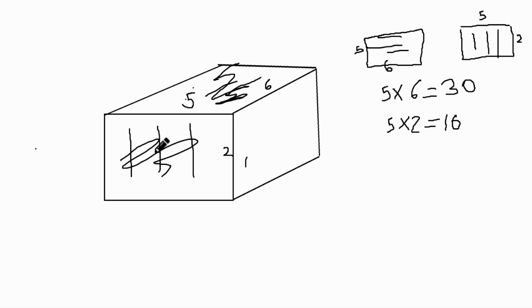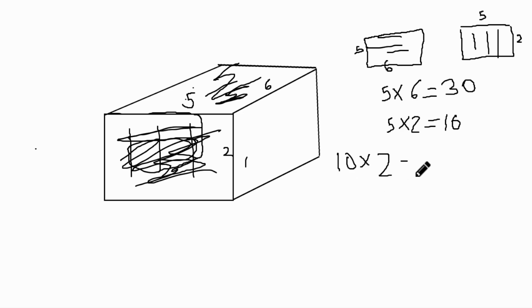Now, if we look at this shape, we know that, sorry, it's not a cube. If we look at this rectangular box, there's two sides which have this shape to it. Okay, so what we need to do is times that by 2, and this rectangle has a surface area of 10, so we need to times the 10 by 2, which gives you 20.